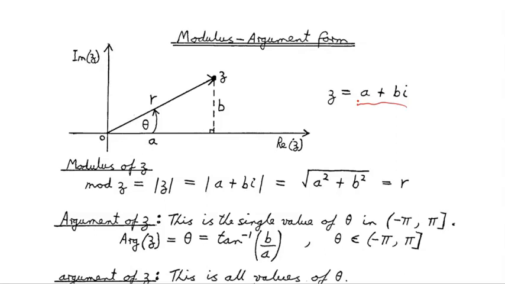So we can think of it as representing a pair (a, b) in R2, and hence we refer to it as the Cartesian or rectangular form. So what we're going to do now is represent it in polar form, or in the modulus argument form.